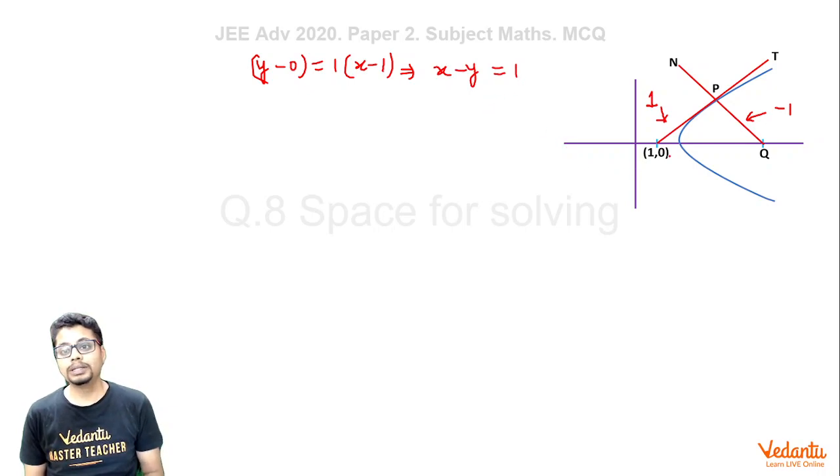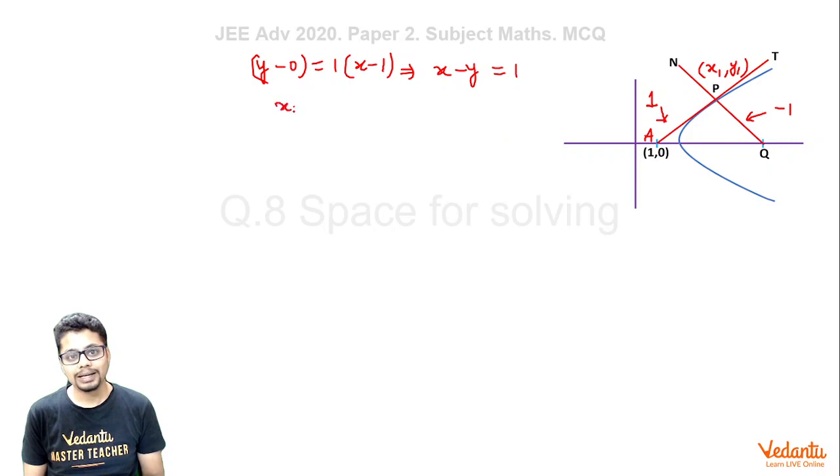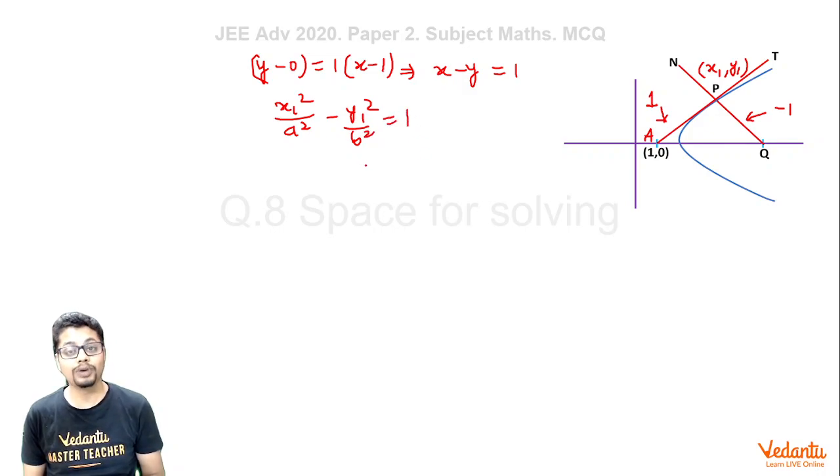Now to comment upon the area, let the vertices be P, A and Q. If I can get the coordinates of P and Q, it will be very easy to comment upon the area of triangle PAQ. Let P be (x1, y1). Obviously it lies on the hyperbola, so x1 square by A square minus y1 square by B square equal to 1, but this may not be that useful as we move ahead.